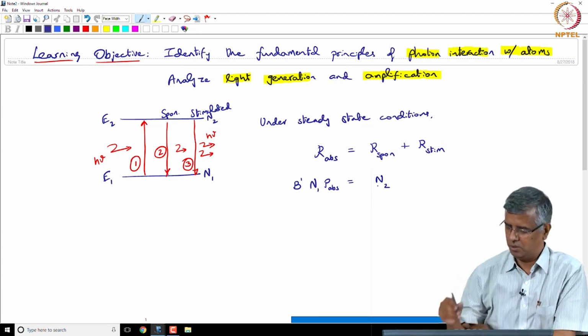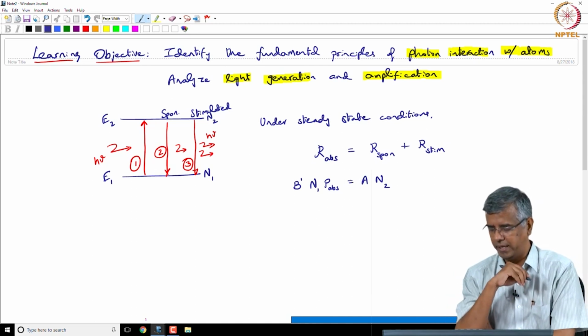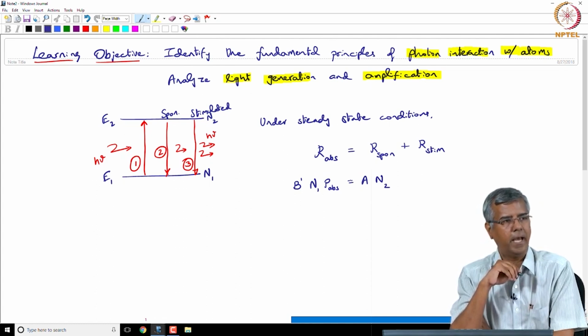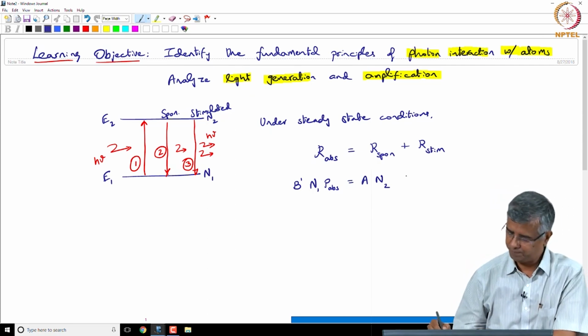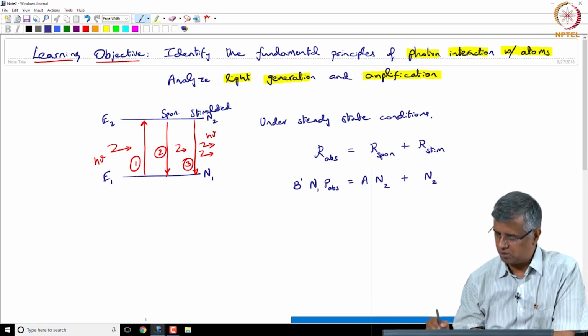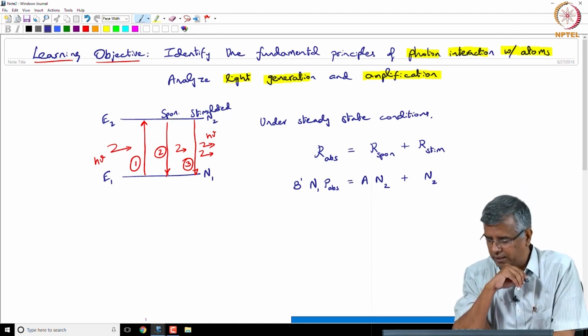So, let us say the rate at which this emission happens is proportional, the proportionality constant, we call that as A. And then when we consider stimulated emission, that also depends on the number of atoms that are in the excited state.